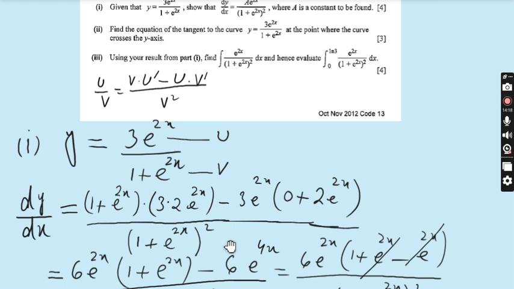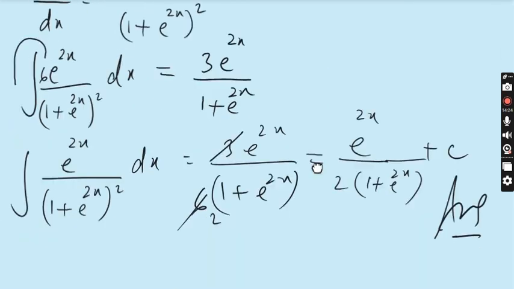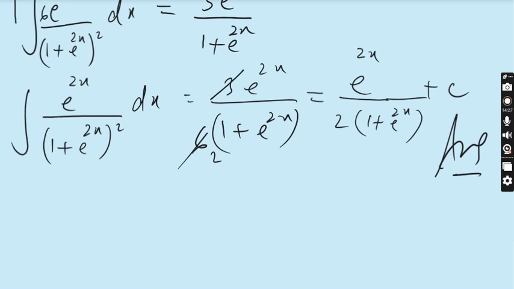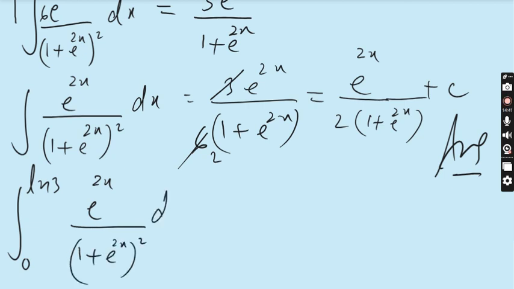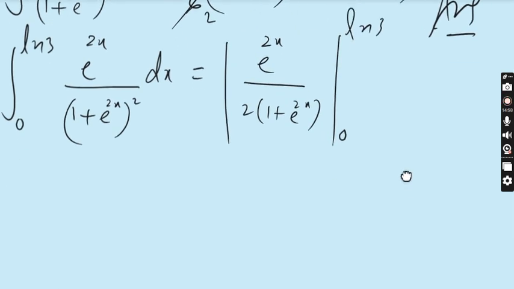Evaluate integrate 0 to ln 3 e power 2x upon 1 plus e power 2x whole square dx. So we have already integrated, that is e power 2x upon 2 into 1 plus e power 2x. Now just apply the limit from 0 to ln 3 and simplify it. Very easy question.